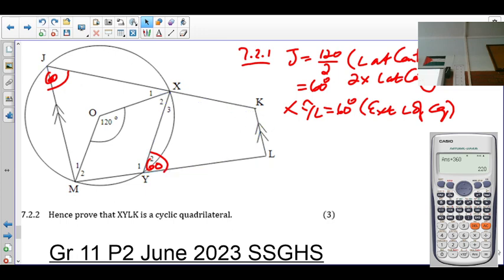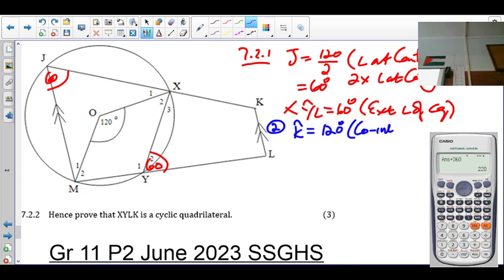Right, so for number 2, we're going to say firstly that angle K is equal to 120. Why? It's co-interior angles with KL being parallel to J. So you see there's a relationship that exists here now.